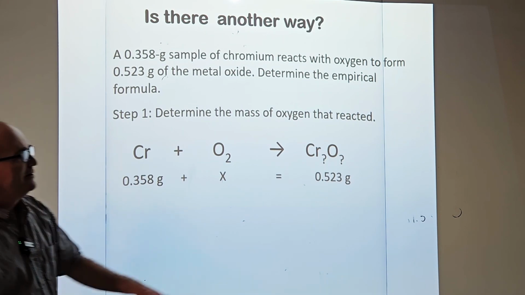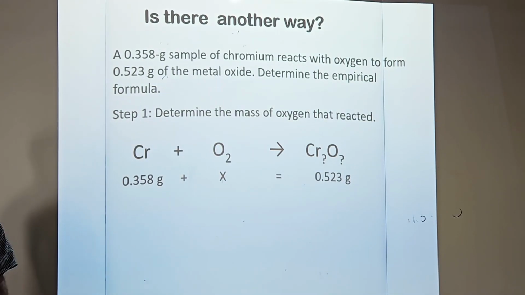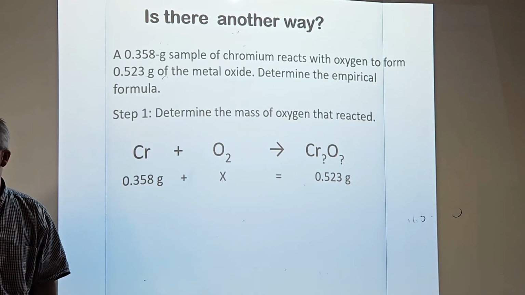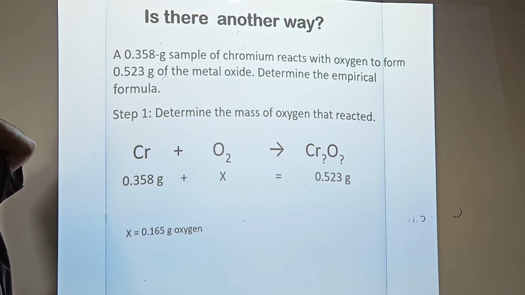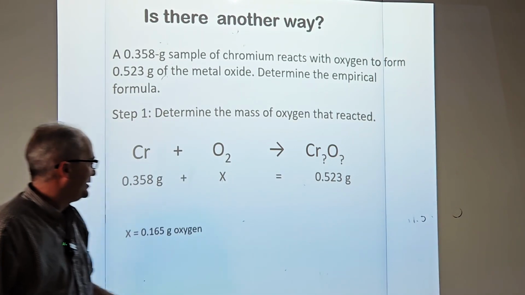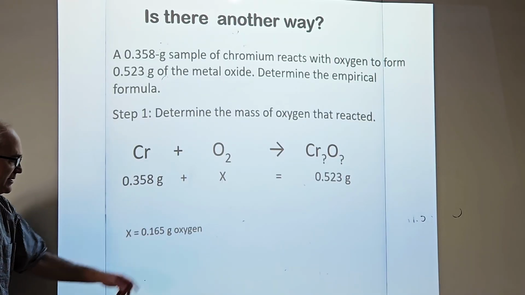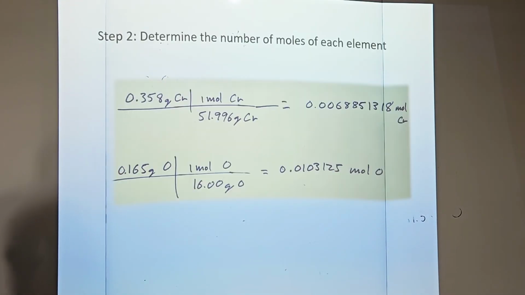We want to derive these subscripts. So we're going to use our mole and our mole map. You're going to be so glad you came to class today. All right, so I'm going to subtract 0.358 from both sides. So 0.523 minus 0.358 is going to give me that many grams of oxygen. Everybody clear on that step?